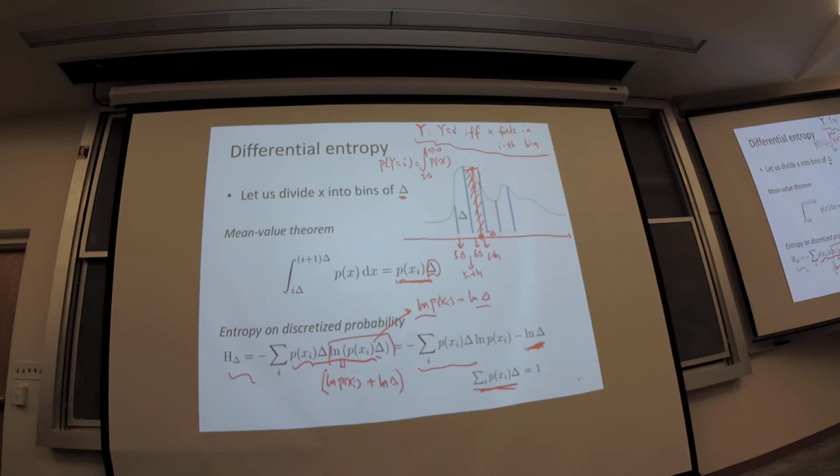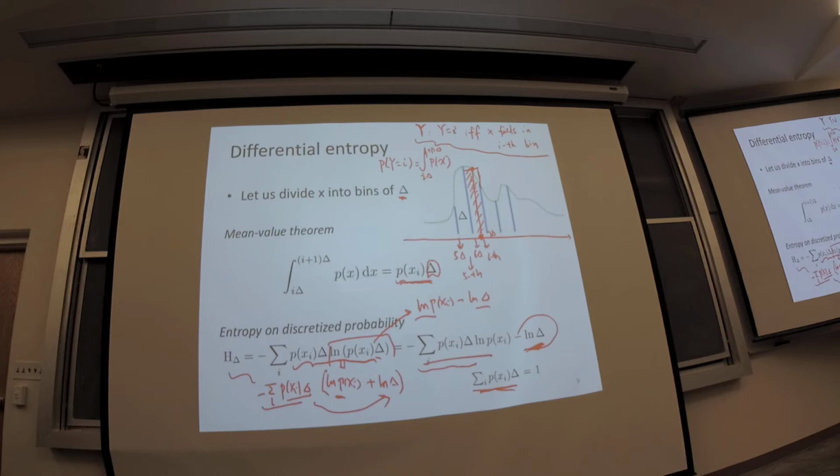The outside is multiplied with p(x_i) delta, and the summation over i and minus. Now you multiply p(x_i) delta with logarithm p(x_i), you get the first term. Now you multiply this part with this, you get the second term. The reason is that this logarithm of delta is a constant, so you can move it outside the summation.